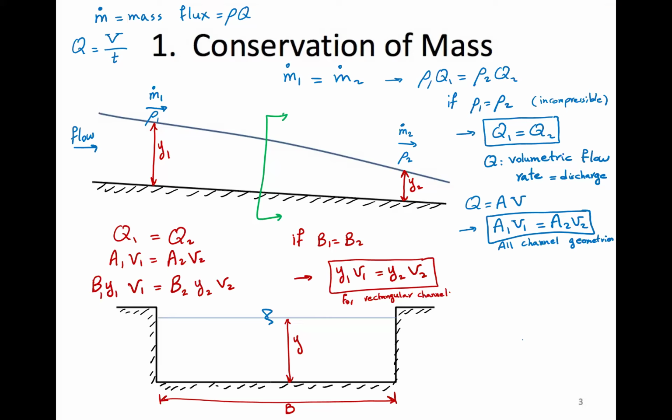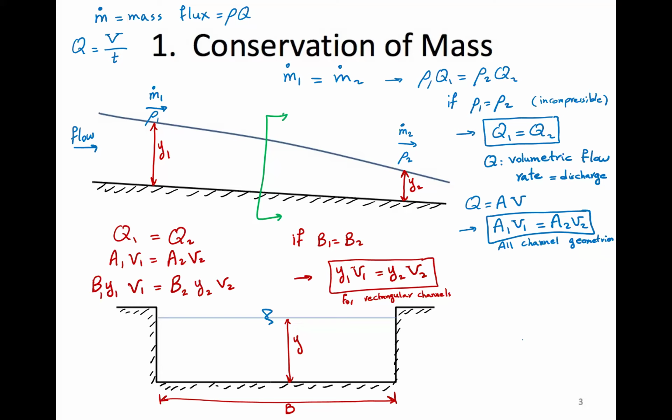Why do we keep using rectangular channels? As I said before, first of all, they're relatively common. Second, they're relatively simple geometries. A lot of the equations are way easier to establish in rectangular and then expand to other shapes, which is exactly what we'll do. But we'll start with rectangular to make it easier to derive equations and look at them.